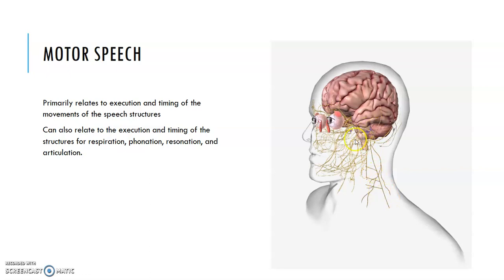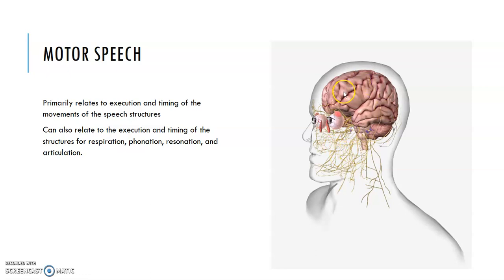So when we're talking about motor speech, we're talking about the transmission of signals from anywhere in the brain down these nerves to their endings in the face. And if there's any problem along this transmission, whether it's too slow or it doesn't happen or it's discoordinated, maybe the signal got mixed up, then it can change the way that the speech sounds structures coordinate.